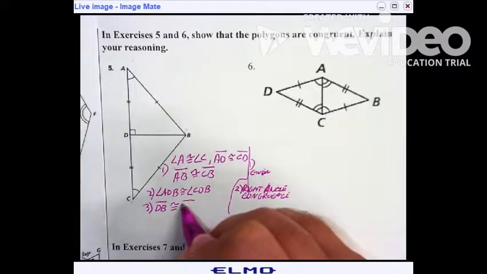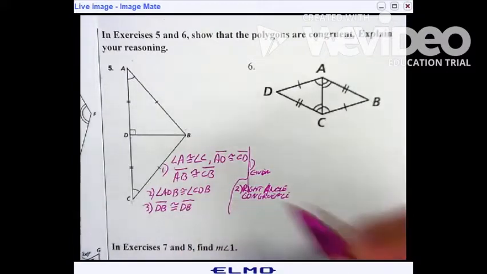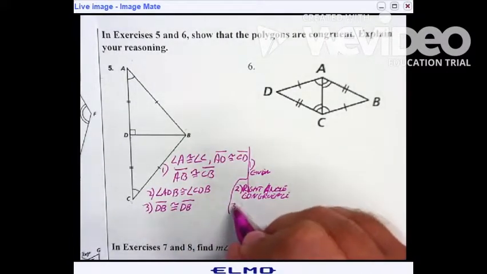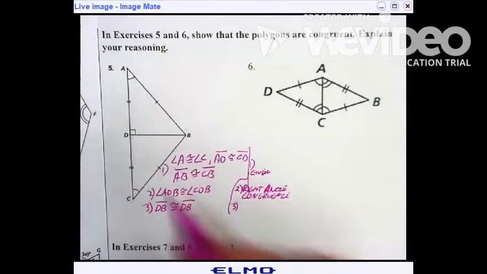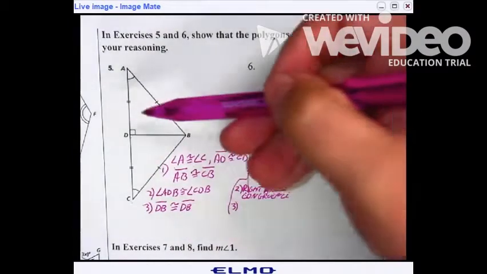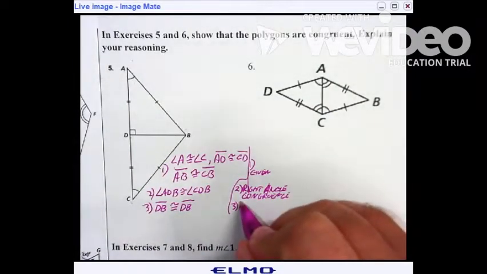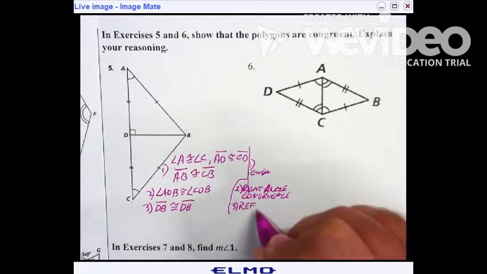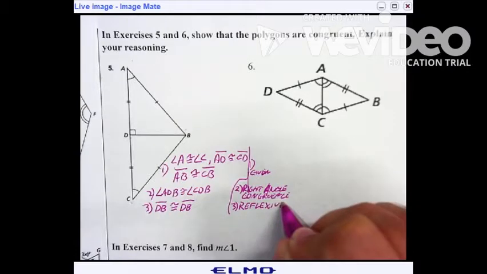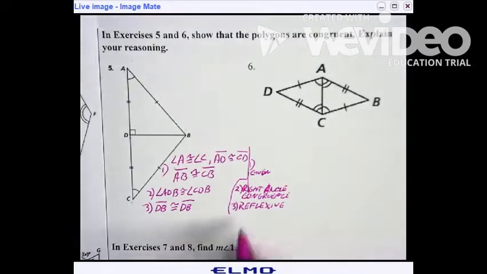Yep, we do. It's kind of silly, but this is in both triangles, and so we have to say that the segment in this triangle is congruent to the segment in that triangle. So, yep, segment DB is congruent to segment DB, and this is reflexive property. I told y'all before we were going to use this a lot, and so here it is. This is the first time we're actually using it, reflexive property.